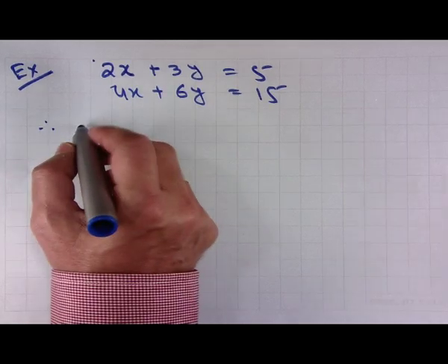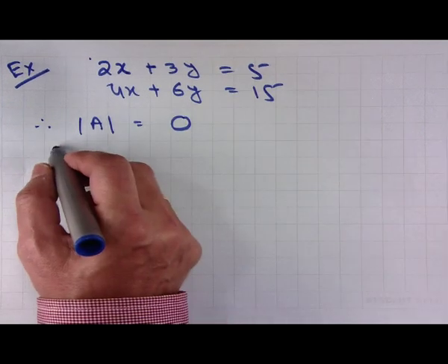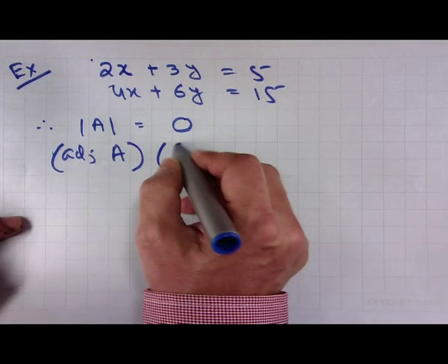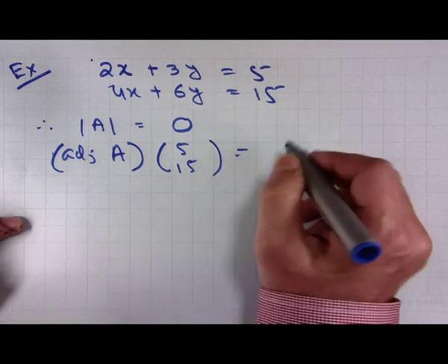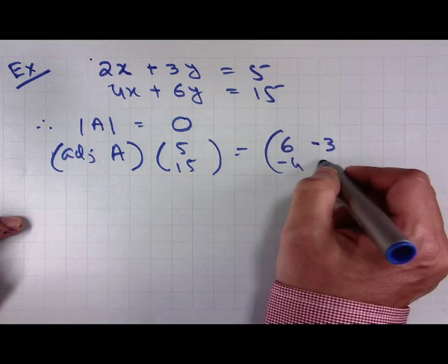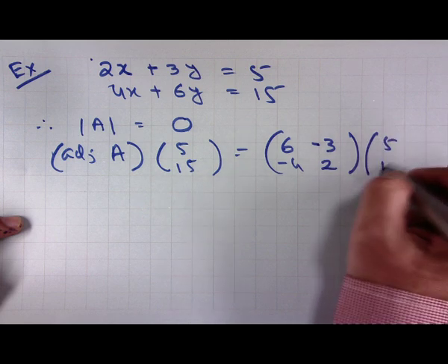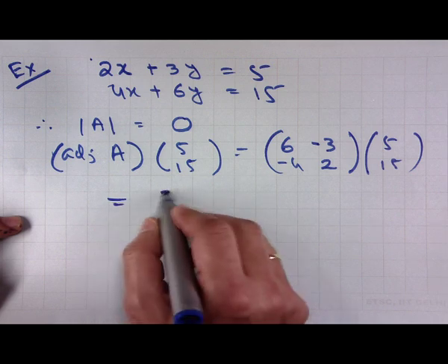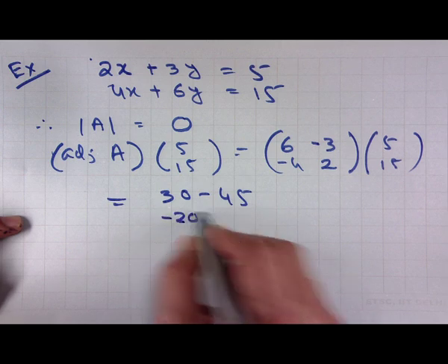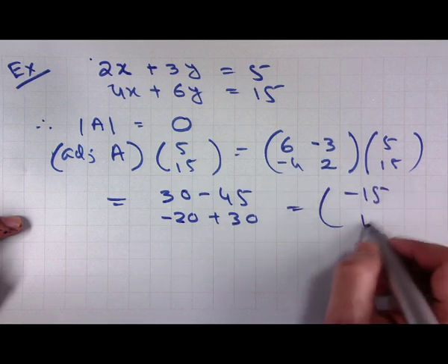Therefore, determinant of A is equal to 0 and adjoint of A into the B vector is 6, minus 3, minus 4, 2 multiplied by 5 and 15, which is equal to 30 minus 45 and minus 20 plus 30, is equal to minus 15, 10.